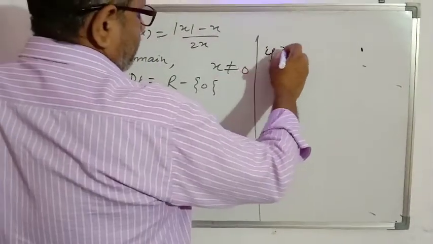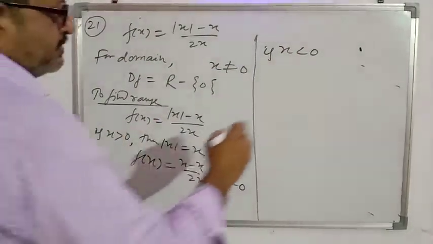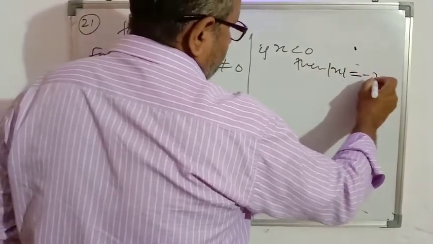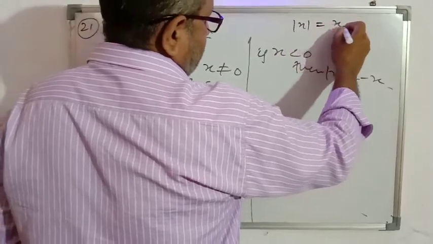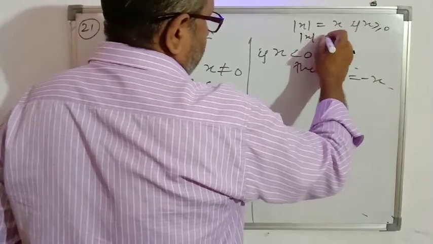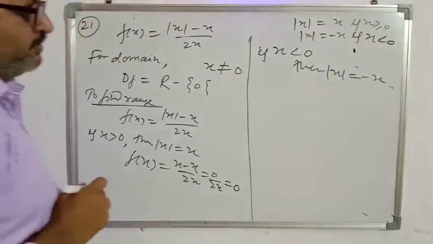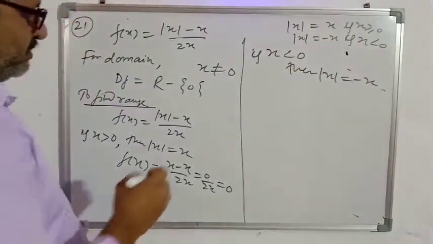And if x is less than 0, if x is negative, then mod of x is minus x. I have told you mod of x will be plus x if x is greater or equal to 0, and mod of x is equal to minus x if x is less than 0.